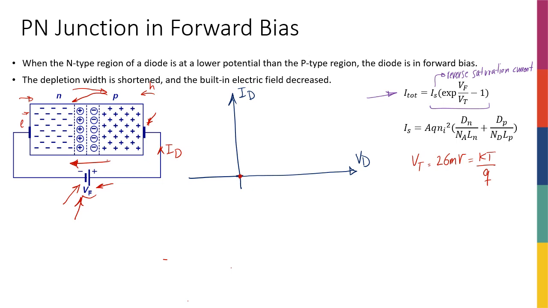The more positive voltage I apply, let's call this VD, or we can call it VF as well, the more current I'm going to have, and this current is going up exponentially, right? Meaning that after a certain point, it's almost fully vertical, right?